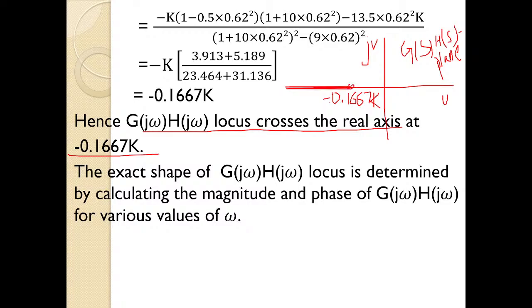This point is minus 0.1667 K. So draw that in your notes. Locate this point on the negative real axis.